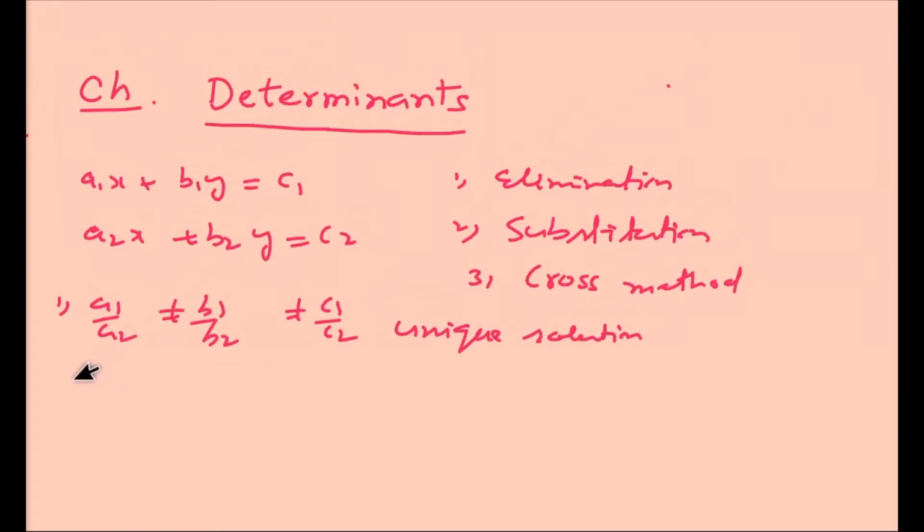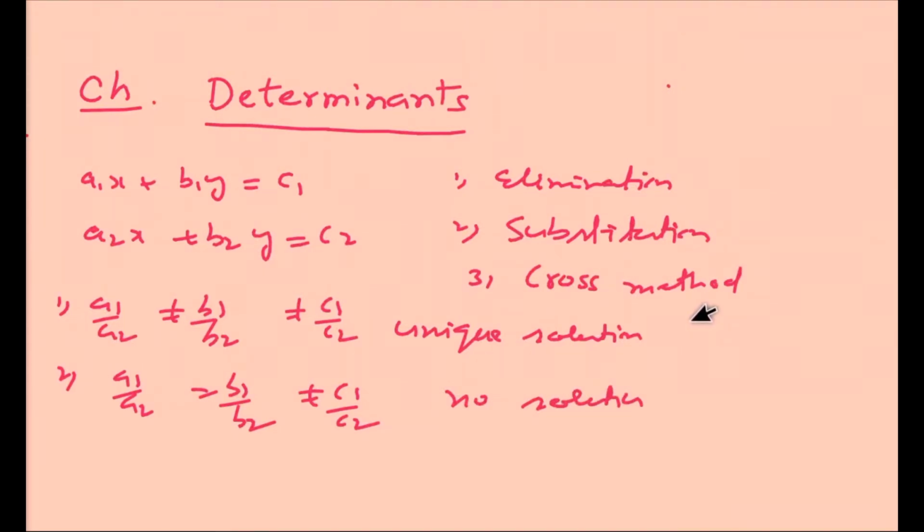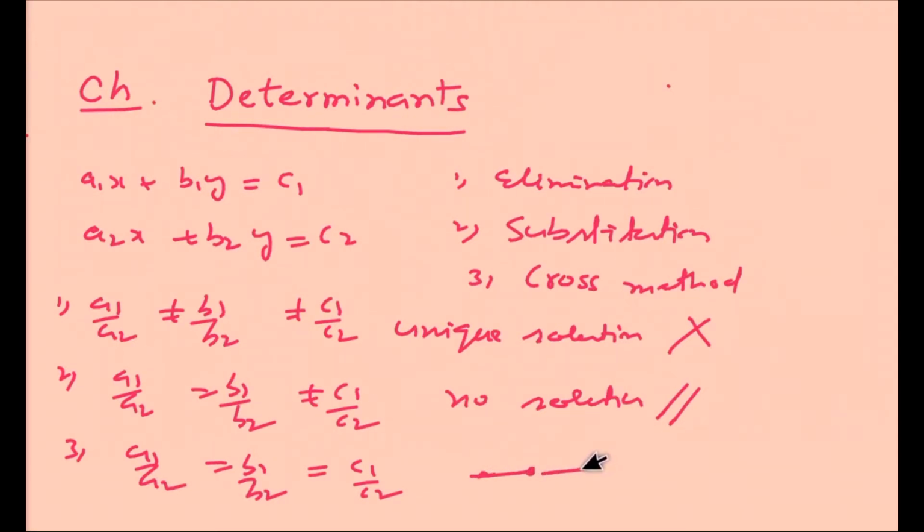If a1 upon a2 equals b1 upon b2 but not equal to c1 upon c2, there is no solution; the lines are parallel. And third, if a1 upon a2 equals b1 upon b2 equals c1 upon c2, the lines coincide. Many solutions.